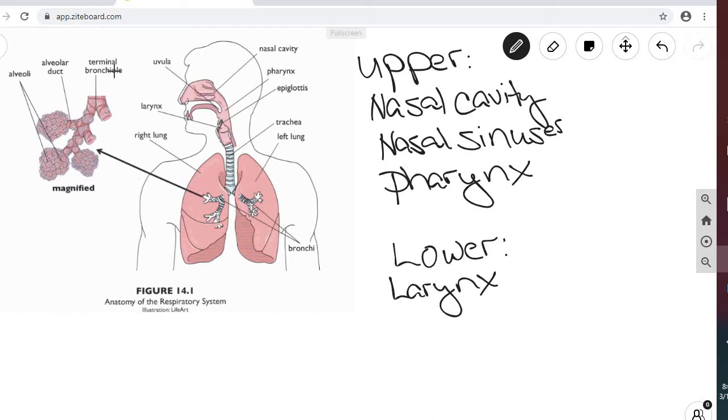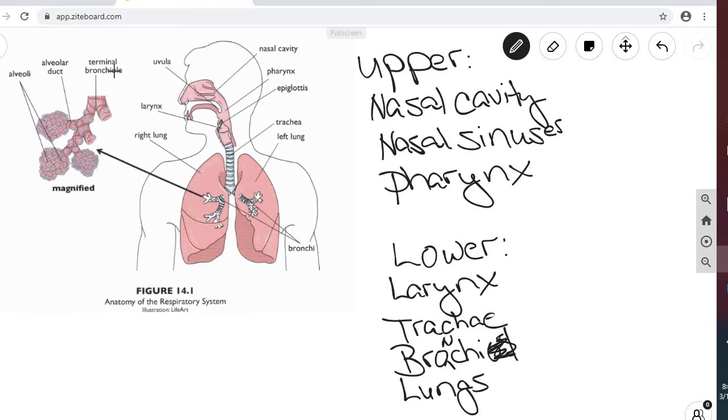And then it includes the trachea and the bronchial tubes. And let's just say the bronchi. There should be an N in there. The bronchi, and then the lungs.